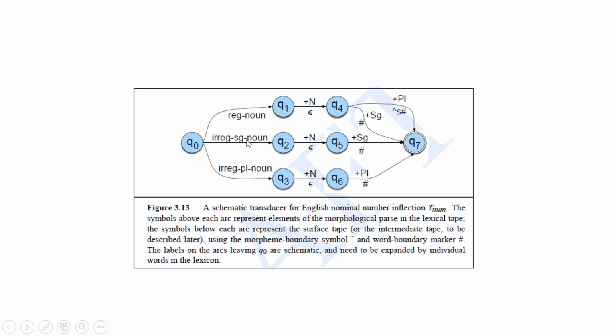Goose is singular, right? You read it, you generate plus n, and if you encounter the end of the word, then you generate singular. Similarly, for an irregular plural you again generate noun, and if you encounter the hash symbol, it is a plural. So this is the finite state transducer, which is not a full-blown version.